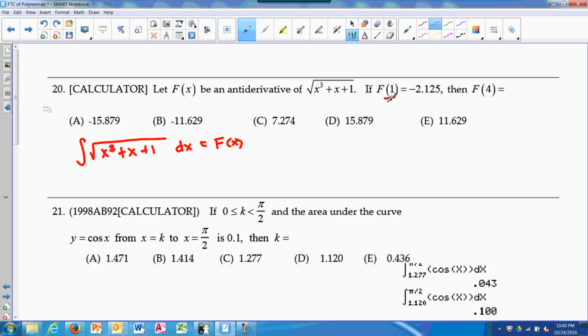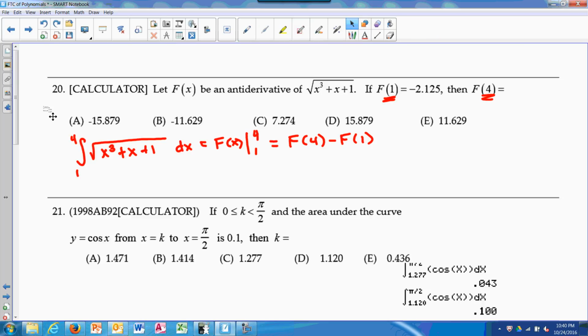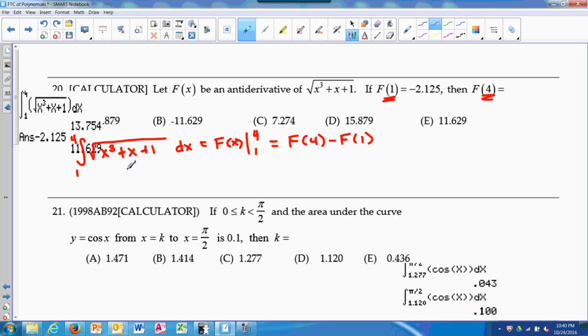If I integrate from 1 to 4, that means I'm getting F of x with the fundamental theorem from 1 to 4. So that gives me F of 4 minus F of 1. Now if I use my calculator, I get 13.754 for this antiderivative.